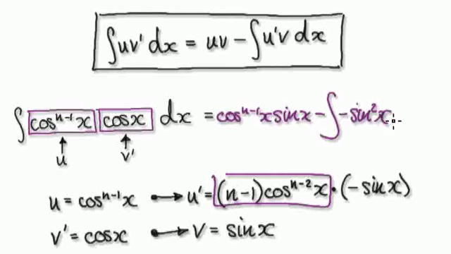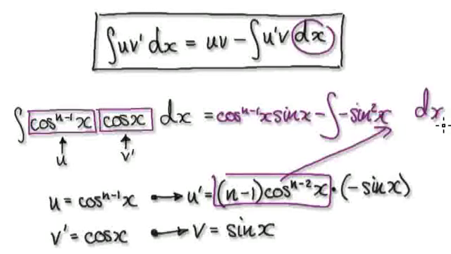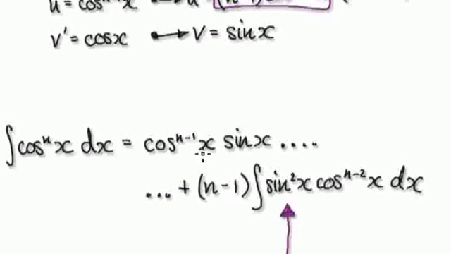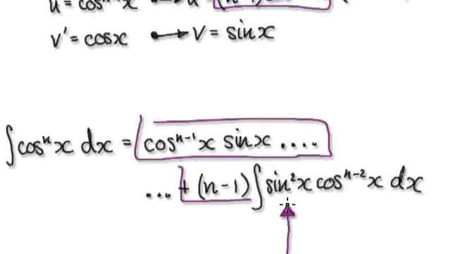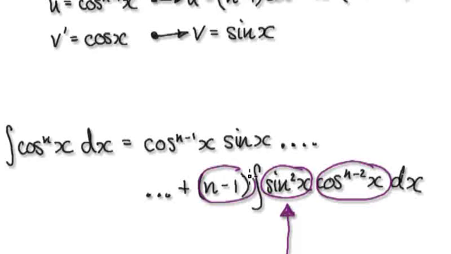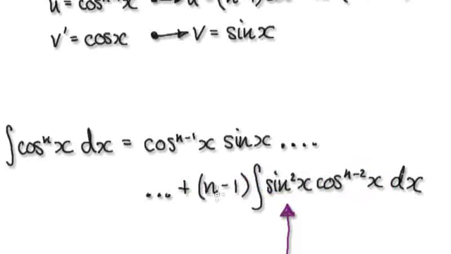Put everything into there, and then you've got your dx here, then it will give you this thing, and then plus this thing here. So this is our sine squared here, and this was what's left over, and don't forget n minus 1 is a constant, so you can actually take the n minus 1 out.